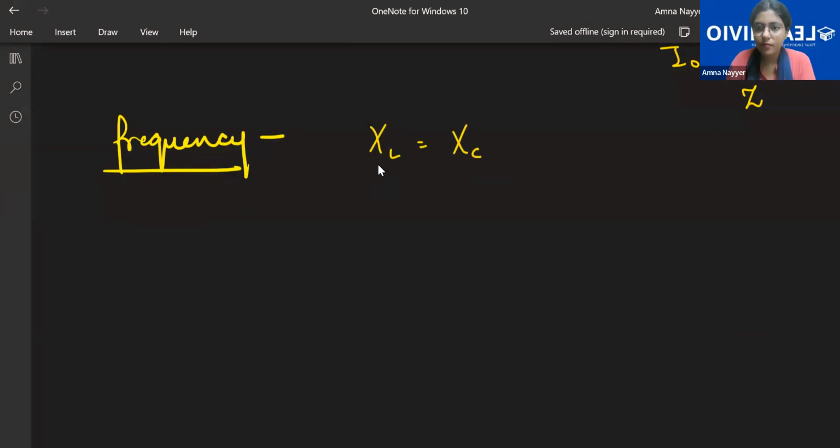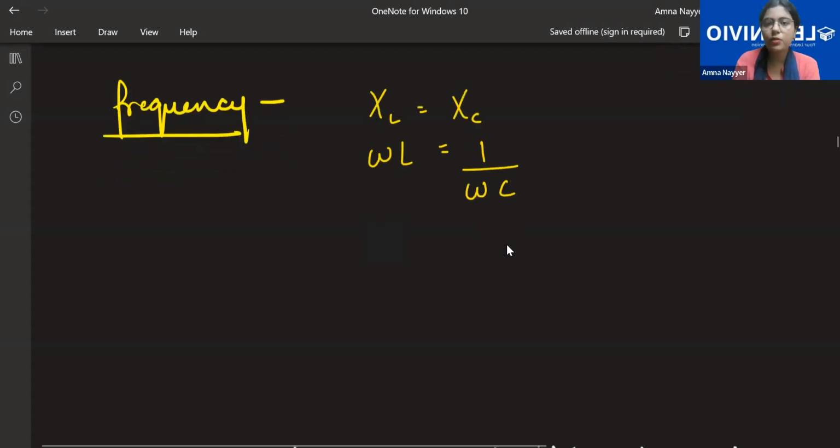If you're forgetting, check your notes. XL is 2 pi frequency into L. In terms of angular frequency, it's omega L. XL is equal to omega L. And XC is 1 by omega C. Remember this formula. Without these, you will not be able to solve the questions.